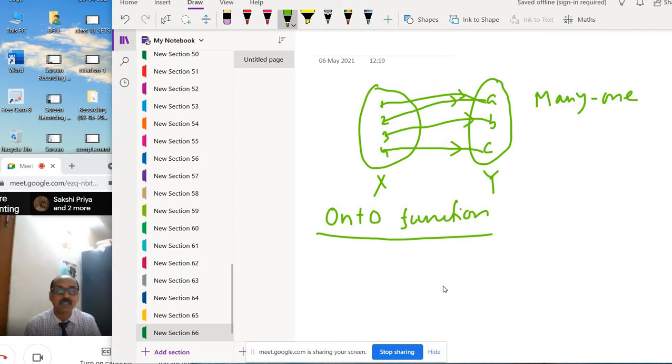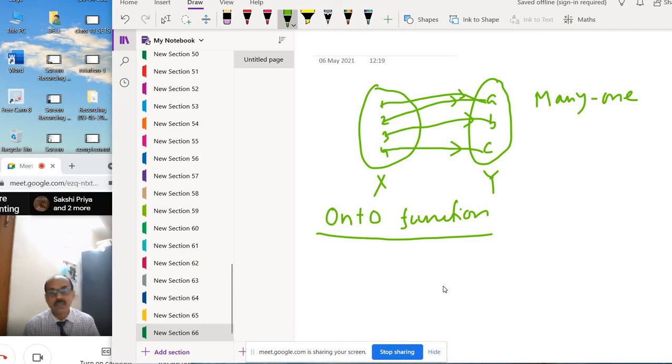Another name is surjective. If every element of Y, that means the second set, is the image of some element of X under f, that means every element of Y has at least one pre-image in X.